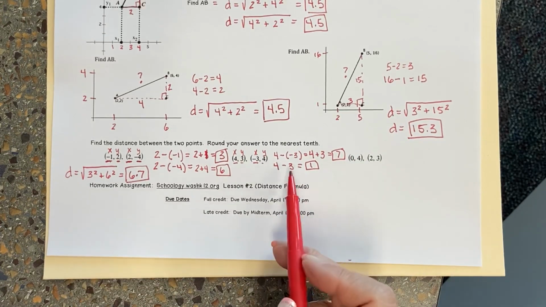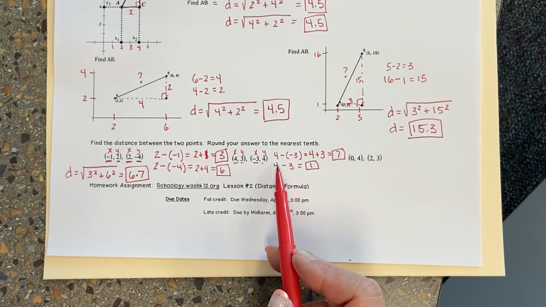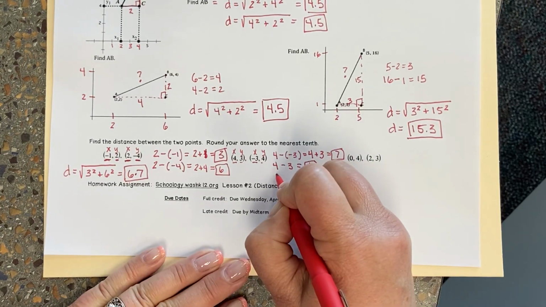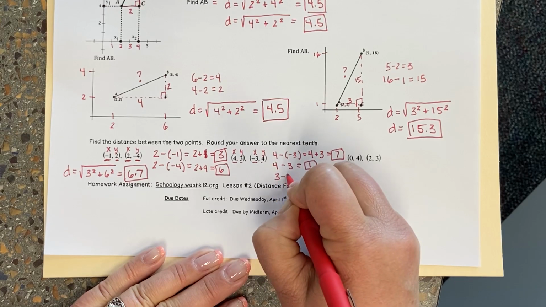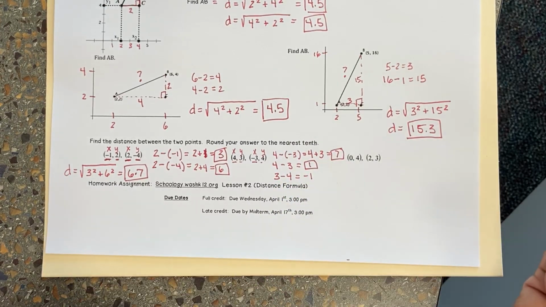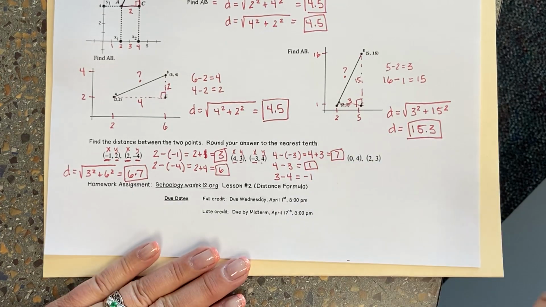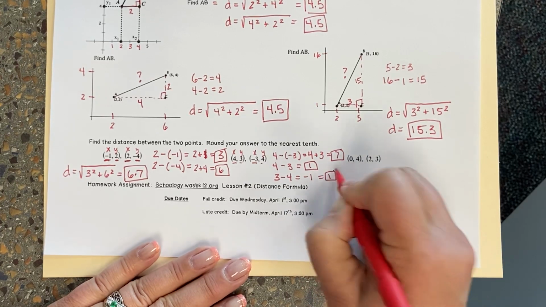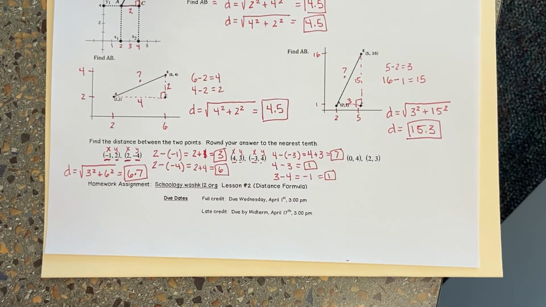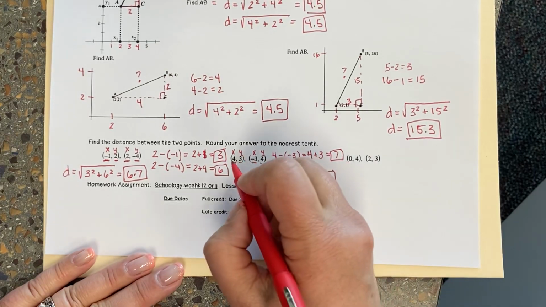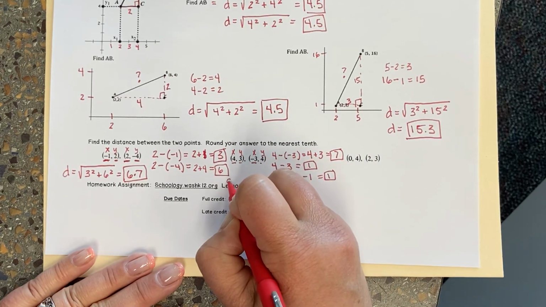Now remember, if you're doing this and you accidentally went 3 minus 4, so I'm going to write it down, what if you accidentally went 3 minus 4 and you got a -1? Just remember that distances are always positive. We don't have a negative distance. So you're just going to drop the negative and say, oh, it's really just a 1. Okay, stick that in your distance formula.